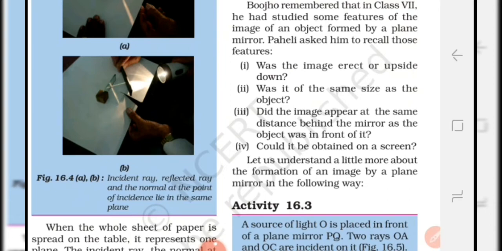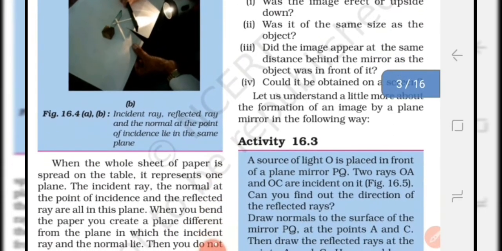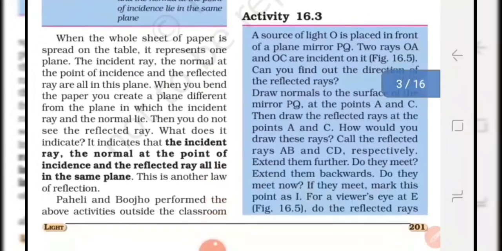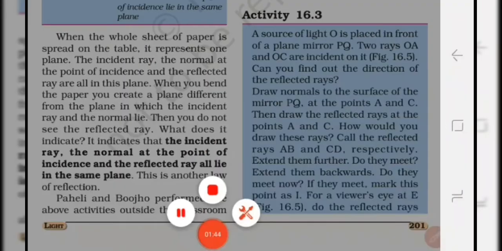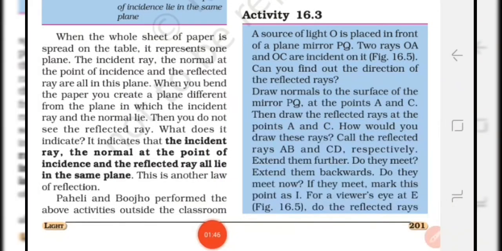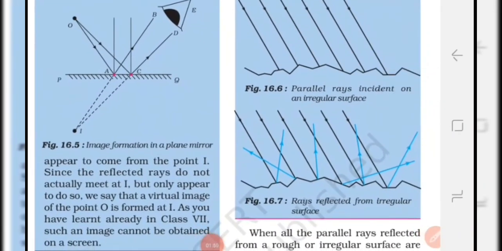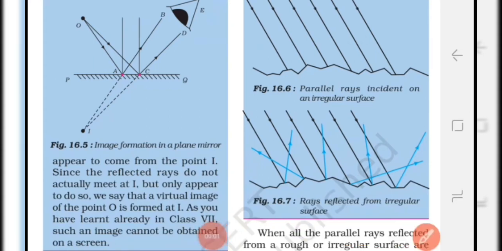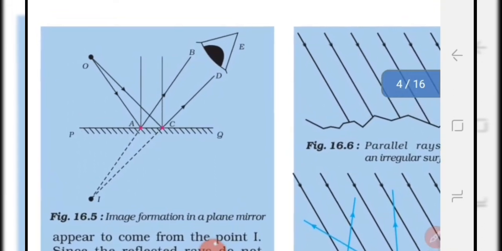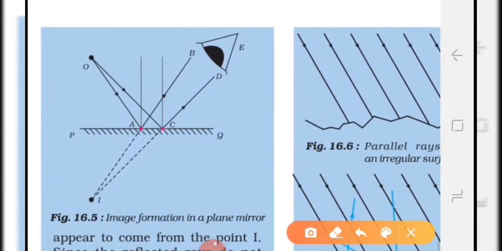So let us understand a little more about the formation of an image by a plane mirror with the help of activity 16.3. Let us understand it with the help of figure 16.5. Here PQ is the plane mirror, and it is the reflecting surface of the plane mirror.